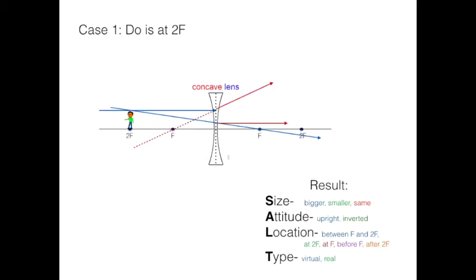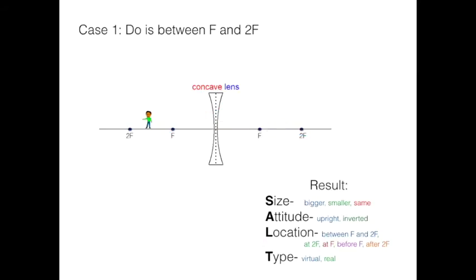Let's try to observe the intersection of these two extensions, and look, the image is still the same as with case number 1. So it is smaller, upright, before F, and a virtual type of image.